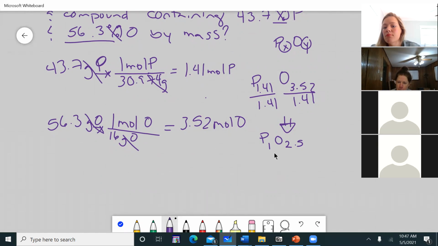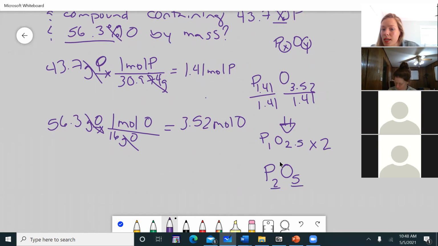So what I need to do now is multiply both of these subscripts by a number that will get them to whole numbers. If it's 0.5, you multiply by 2. If it's 0.3, you multiply by 3. If it's 0.25, you multiply by 4. If it's 0.2, you multiply by 5. You multiply by whatever, we'll get rid of that decimal. So I'm going to multiply both subscripts by 2. That will get me phosphorus with a 2 and oxygen with a 5.